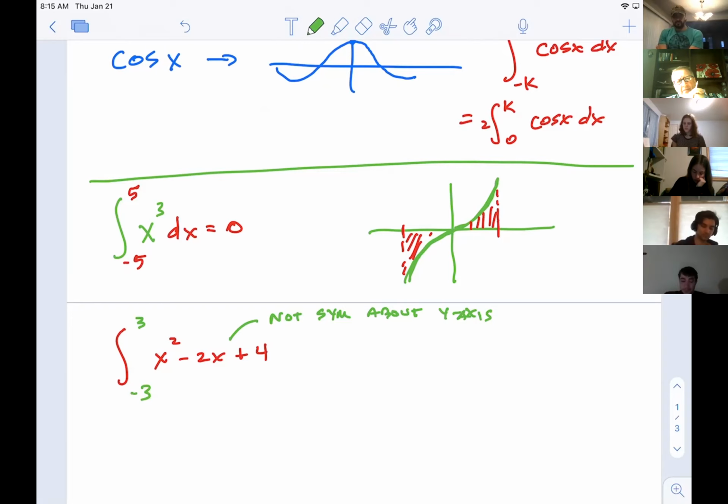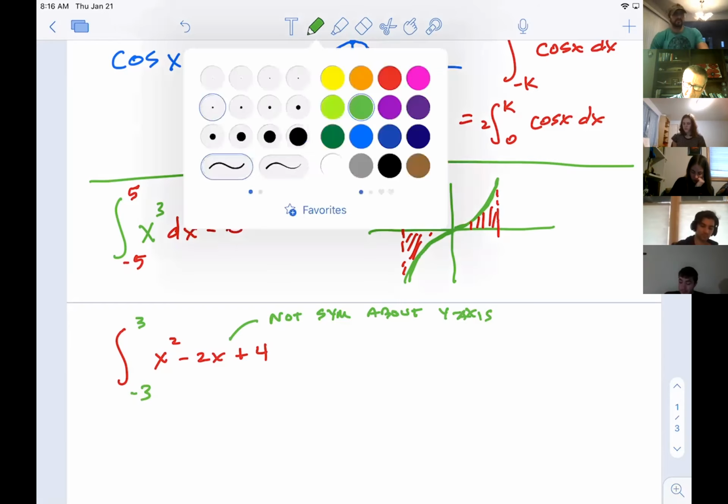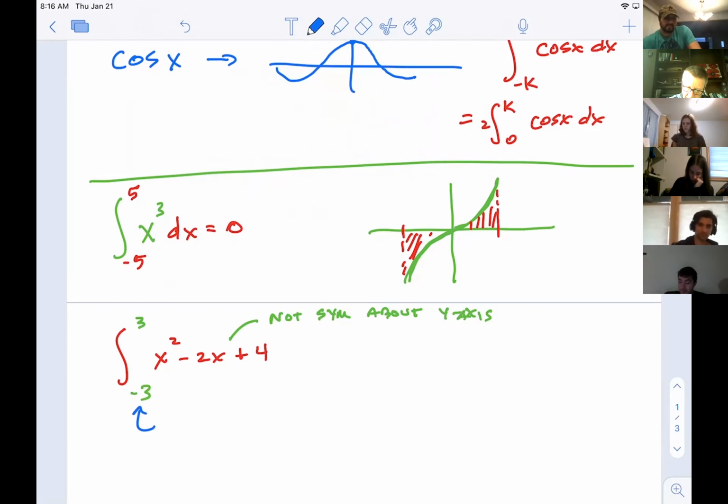So the graph isn't symmetrical, but the limits of integration are symmetrical. And again, I forgot the dx.